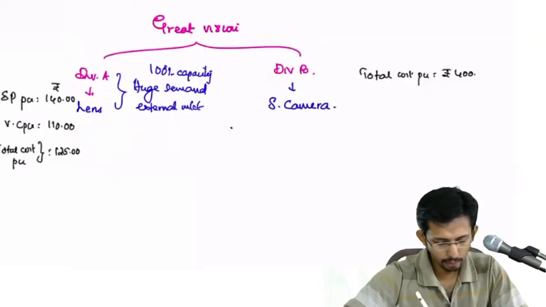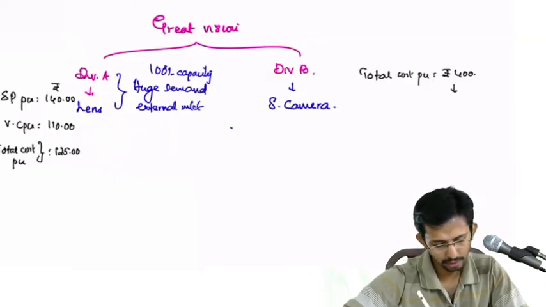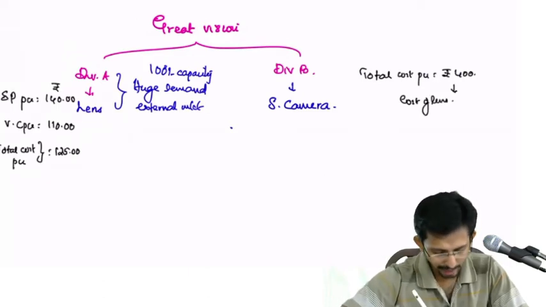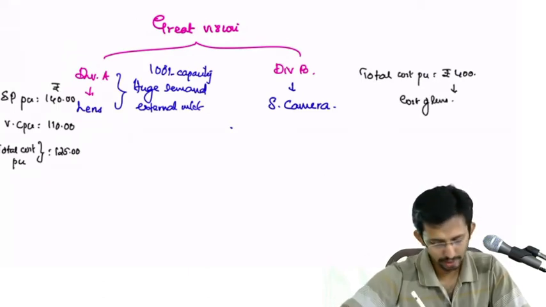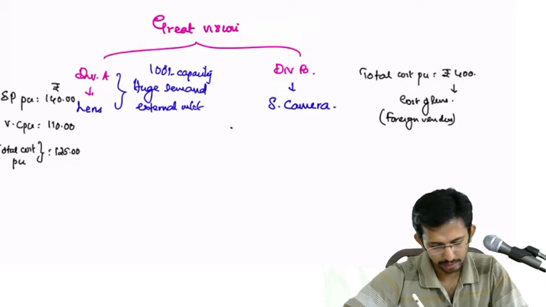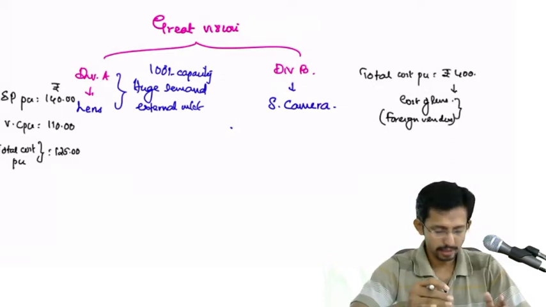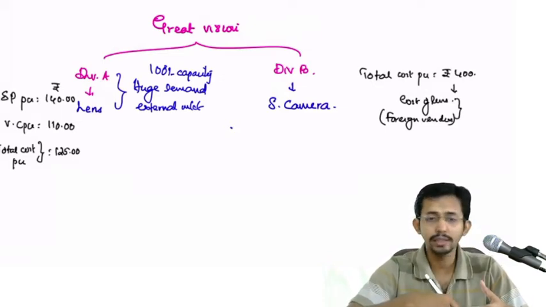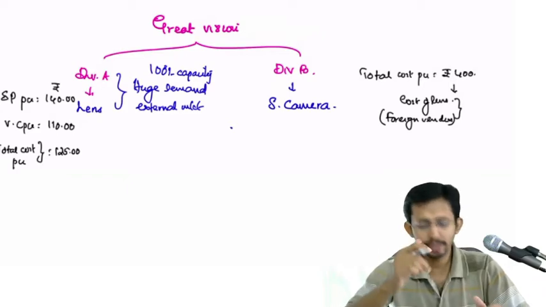So this 400 includes the cost of lens. And currently, from where does Division B procure its lenses? Division B is procuring from foreign vendors. In the sense, at present the lenses are not procured through internal transfer. So that is the inference.